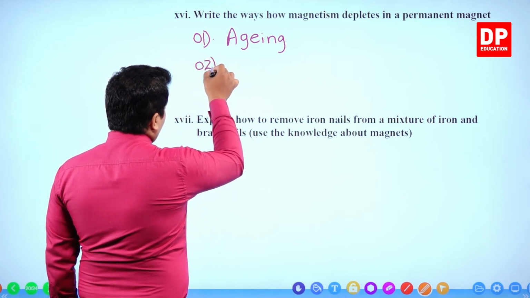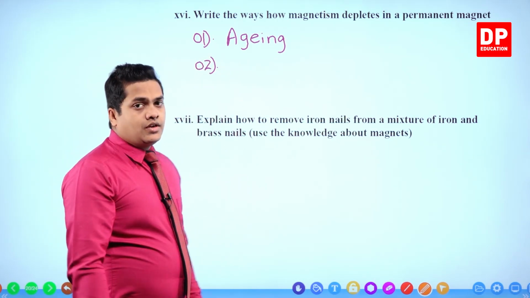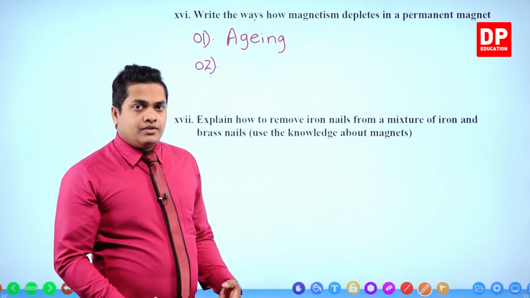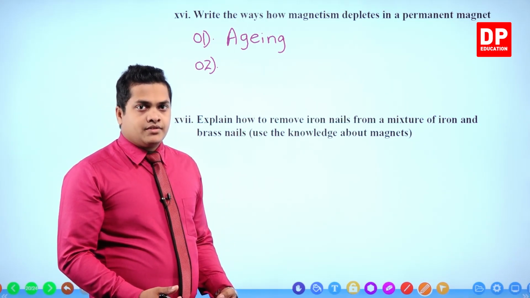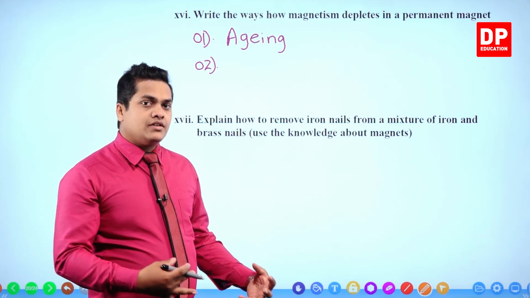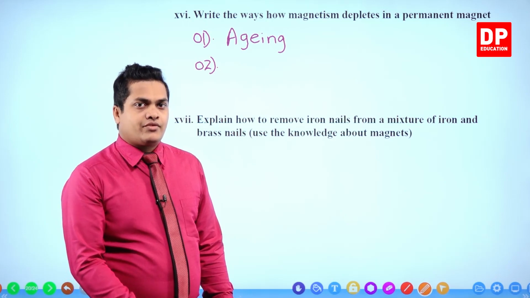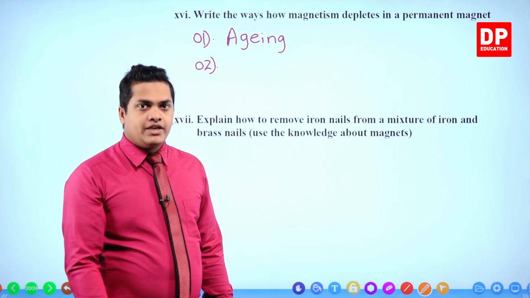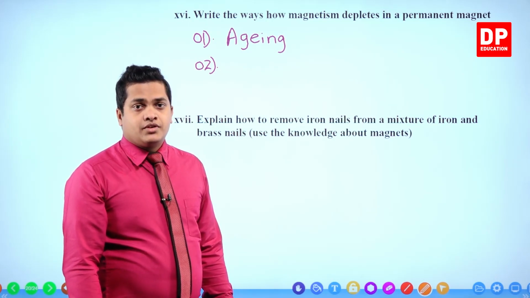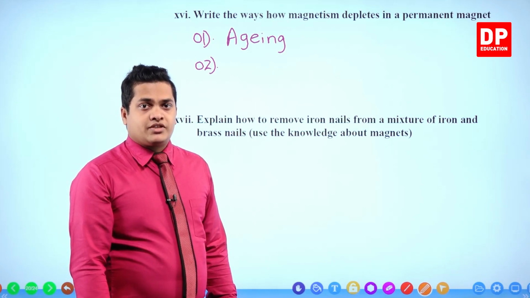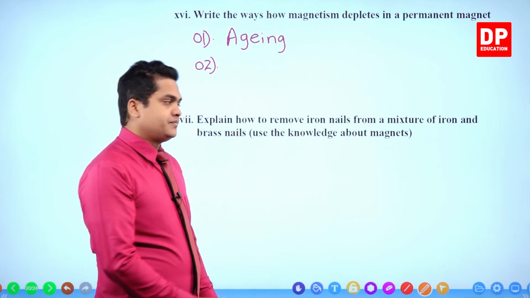Number 2. I think you could remember we heated up a magnet and we observed that magnetism is going to deplete, or the number of pins which get attracted after it's been heated is going to reduce. So the second one is subjecting to high temperature.